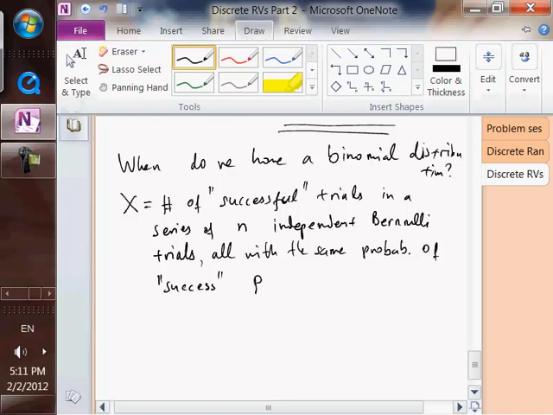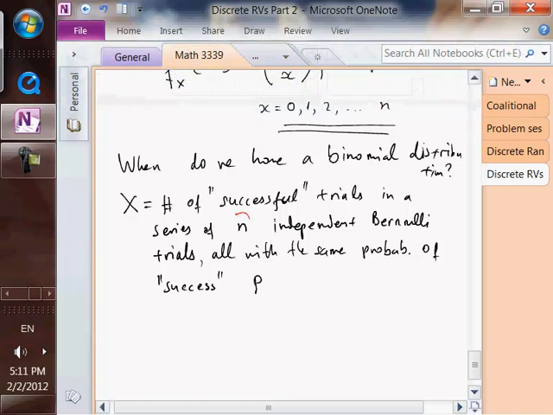Do you see n? It is the first of the two parameters that determine the model, and the other one is p. p is the fixed rate of success per trial, and n is the total number of trials we perform. And all of those trials must be independent, so the outcome of one trial does not influence the outcome of any other trial.